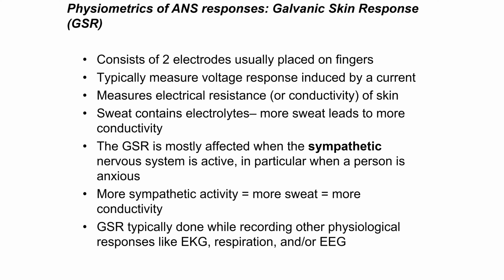And that sweat, which contains ions and water, will reduce the resistance, or in other words, increase conductivity. And so all we have to do is measure these voltage fluctuations, and typically we'll correlate that with other responses like the electrocardiogram, respiratory rate, and EEG.